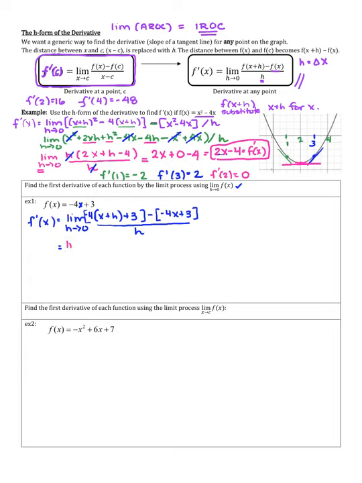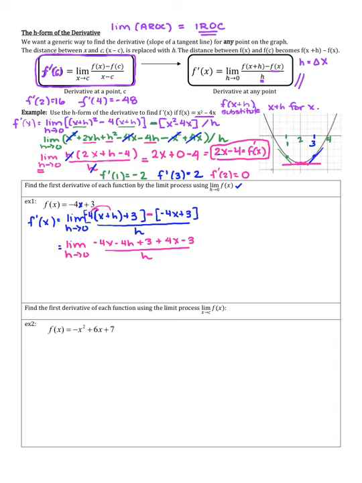So we have here now the limit as h is approaching 0. So we have to simplify. We're going to do a lot of foiling, or not, in this case we don't have to FOIL, but we do have to distribute. So I'm going to have a negative 4x minus 4h plus 3, and then distribute the negative. So this becomes positive 4x minus 3, all of that over h.